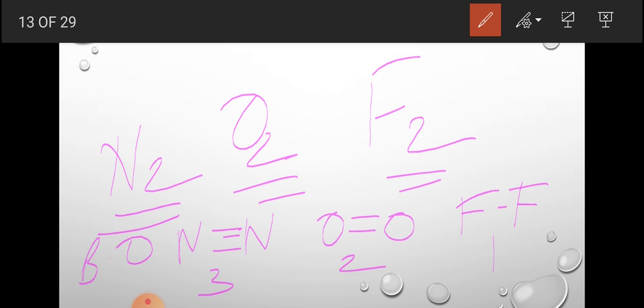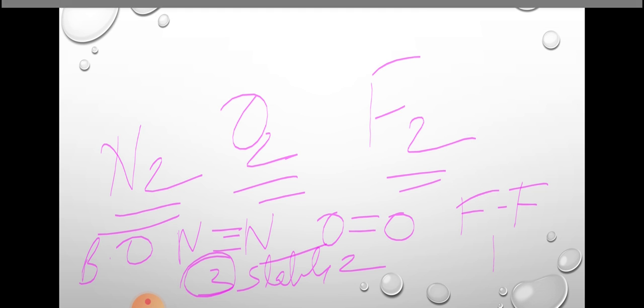And you have to remember that the higher the bond order, the greater the stability of the molecule and the shorter the bond length. Okay, this was all about your bond order.